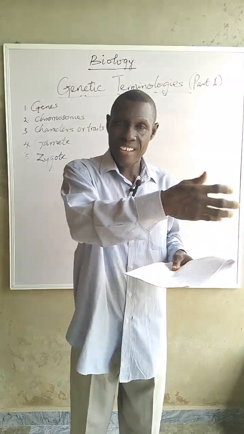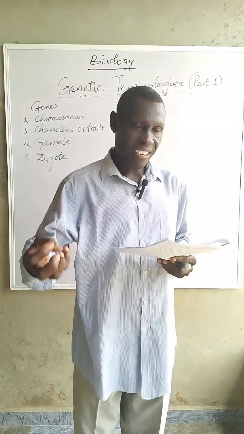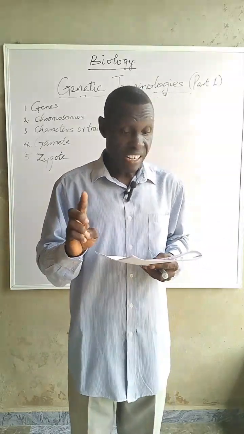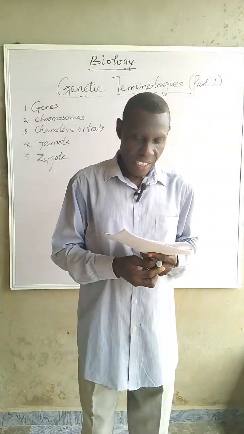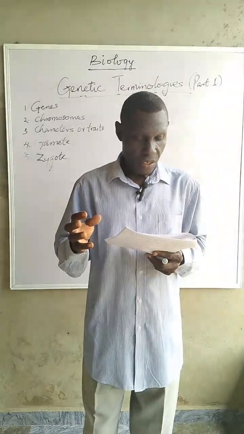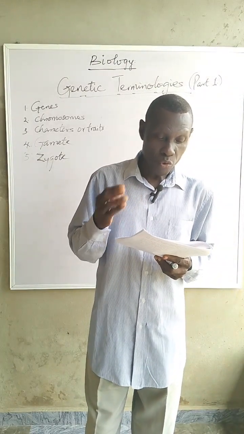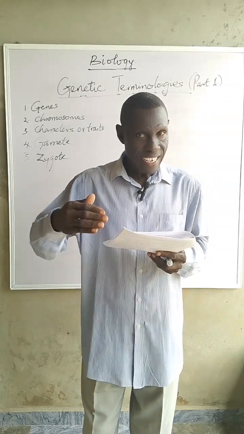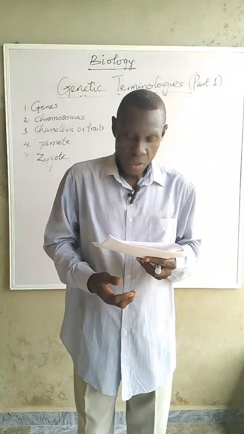These are different cells. So the sex cells which take part in sexual reproduction are called gametes. They are of two types: the male gamete, or we call it spermatozoon in animals, and then the pollen grains in the case of plants.